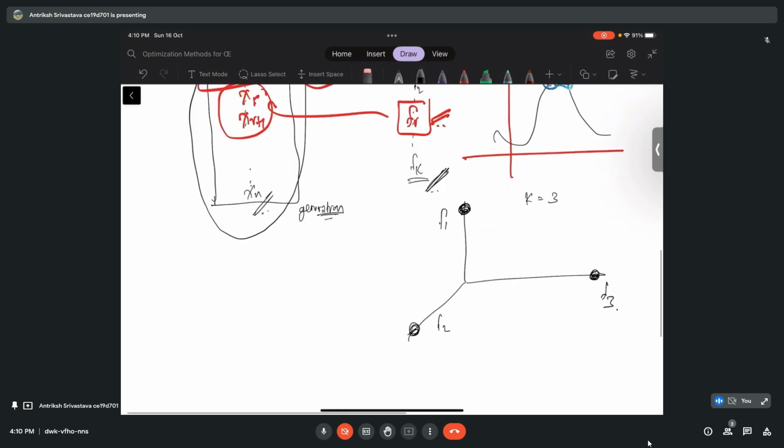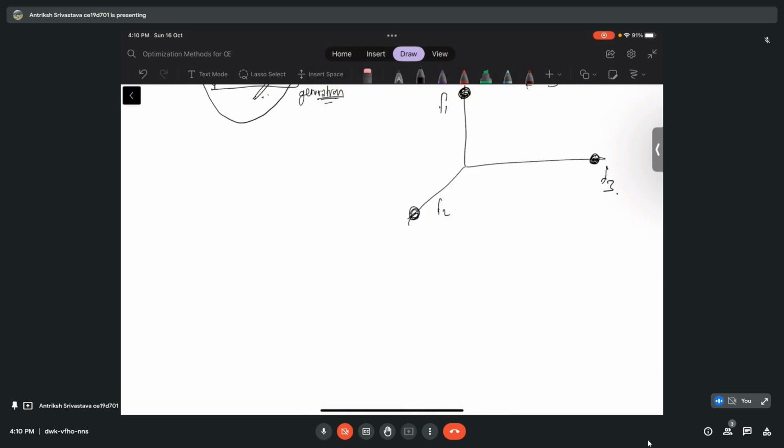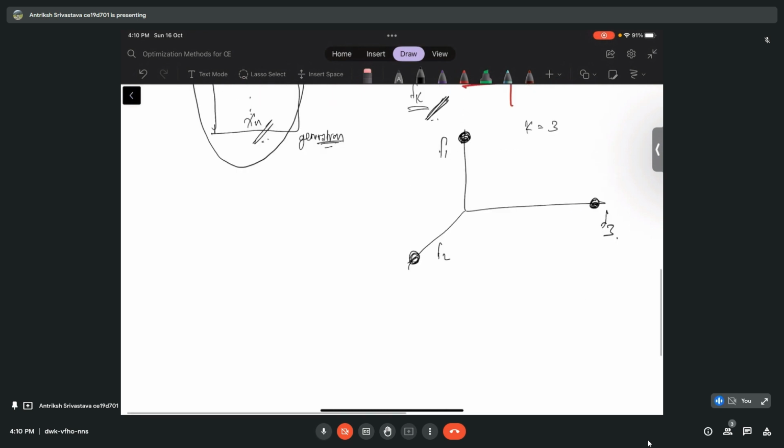One more thing: whenever we are trying to optimize multi-objective functions, and we are not given how much priority or weightage to give to a certain objective function, then what we do is create a plane, a surface, a line, whatever it is, based on the number of objective functions, that is going to have different proportions of f1, f2, and f3.